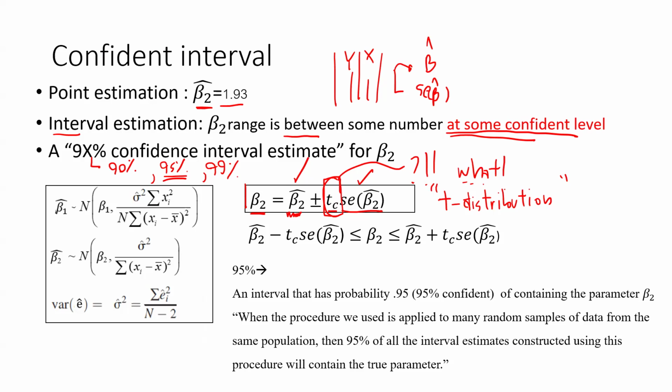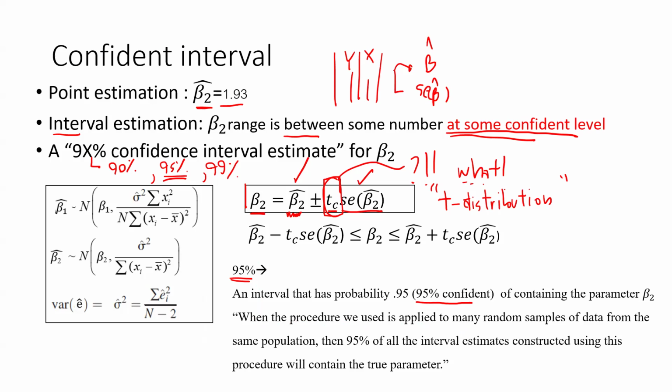Let's read this example. If we have a 95% confidence interval, it means an interval that has probability 0.95 of containing the parameter beta 2 when the procedure we use is applied to many samples of data from the same population.